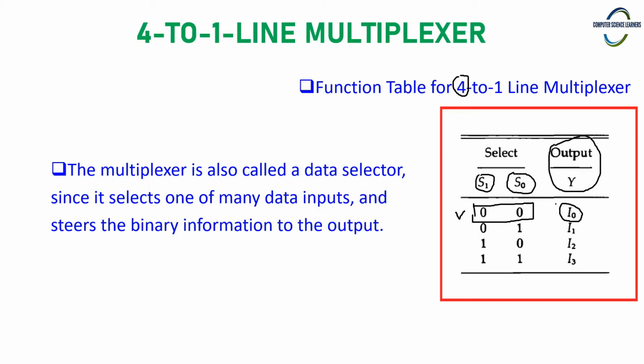When S1, S0 is 0 0, we are selecting data from the first input line, and that data will be visible on the output line. Similarly, when it is 0 1, data from the second input line will be visible on Y, that is the output, and so on. The multiplexer is also known as a data selector, as it selects one of the inputs and redirects it towards the output line.